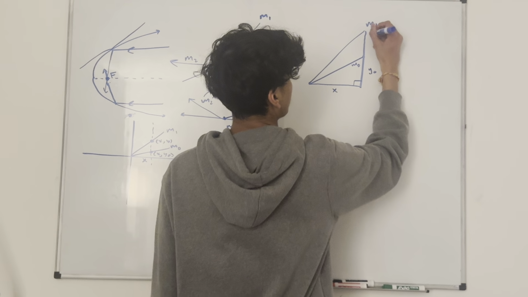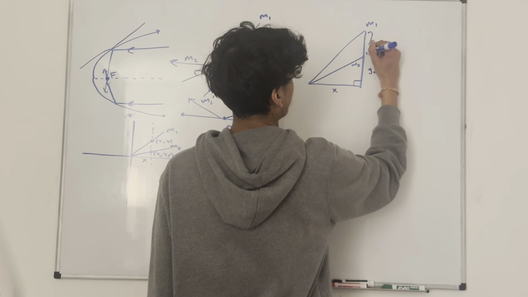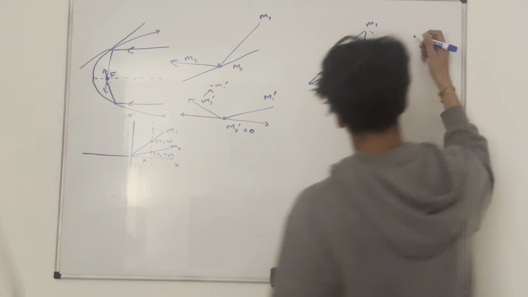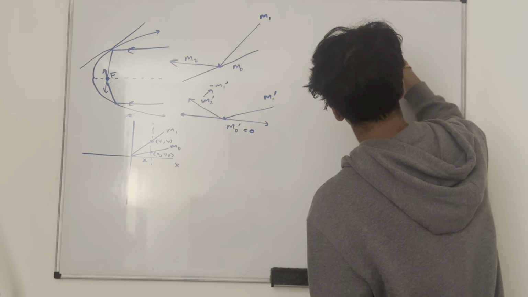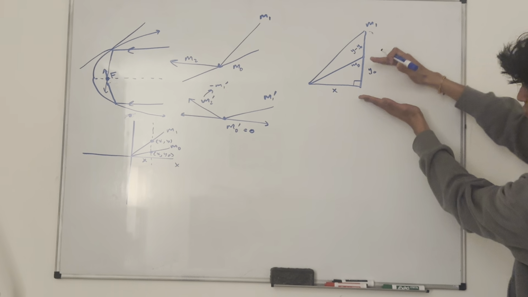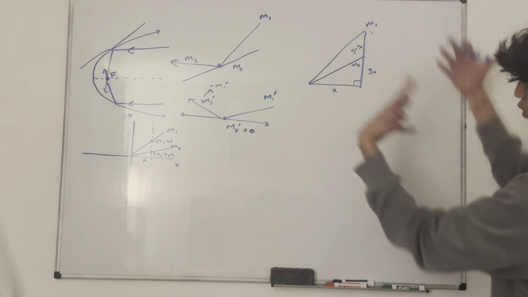And then this side would be Y minus Y initial, because the whole thing is Y, so you take away Y initial, you get this side Y minus Y initial.